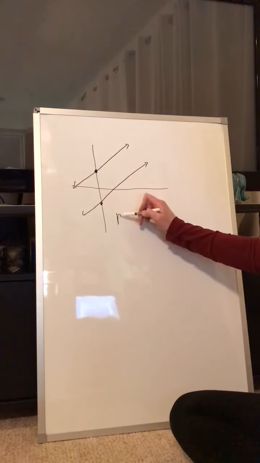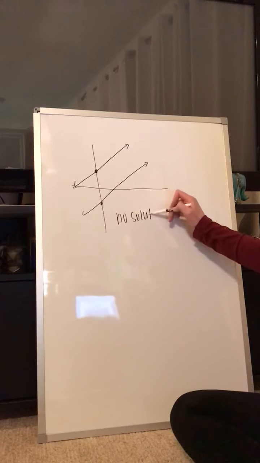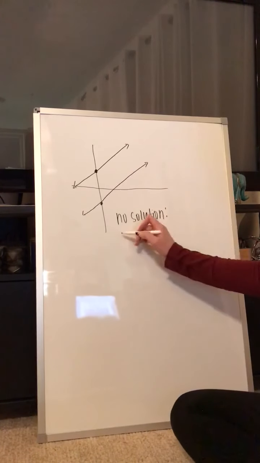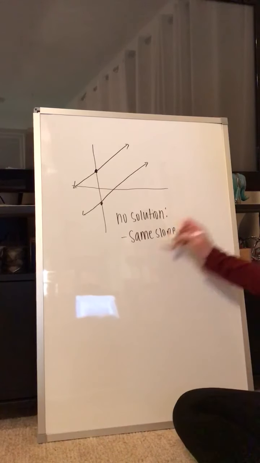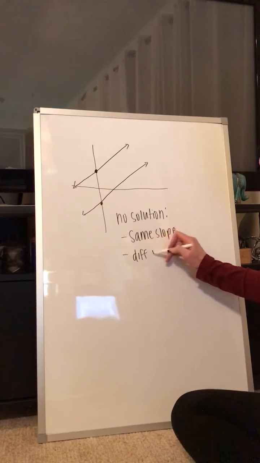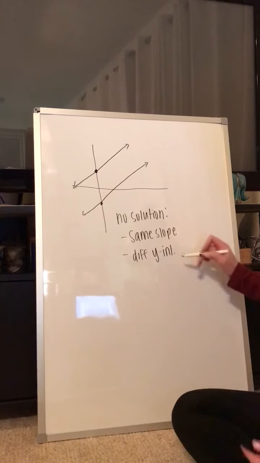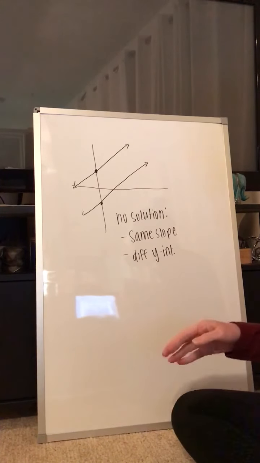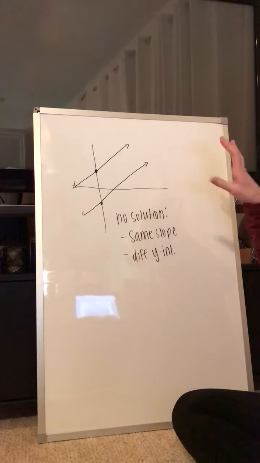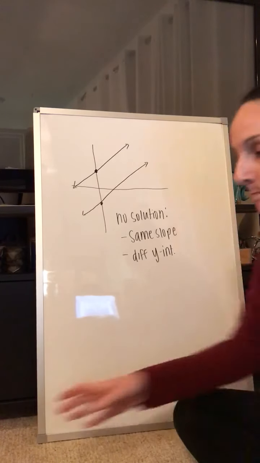So a no solution system of equations is when the lines have the same slope but a different y-intercept. Keep that in mind when we go through the example I'm about to show you, because that's an important concept we need to remember.